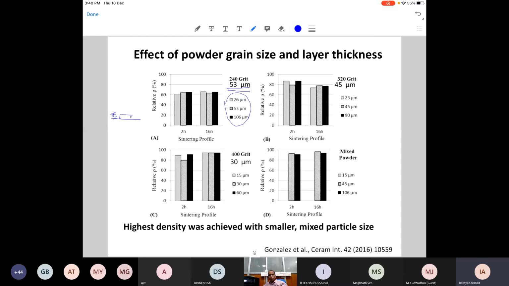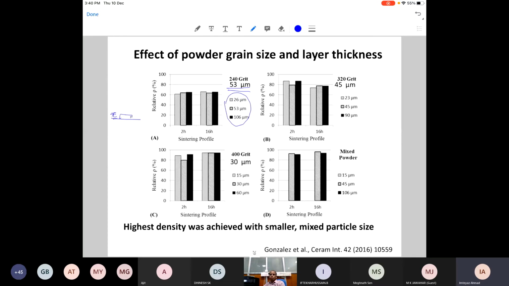But if you mix these powders, at least in bimodal mode, so they are not single size but a mixture of sizes, mixed particle sizes, then in almost all cases you can build large layers or thinner layers also, and you can see you achieve about 97% dense product.